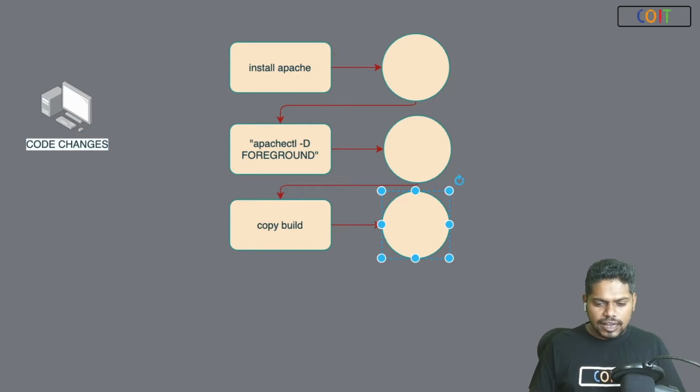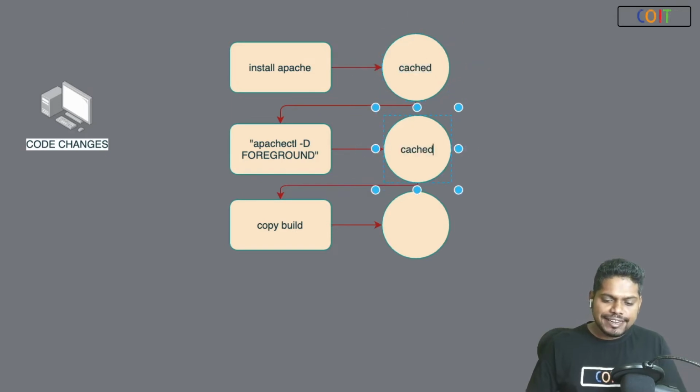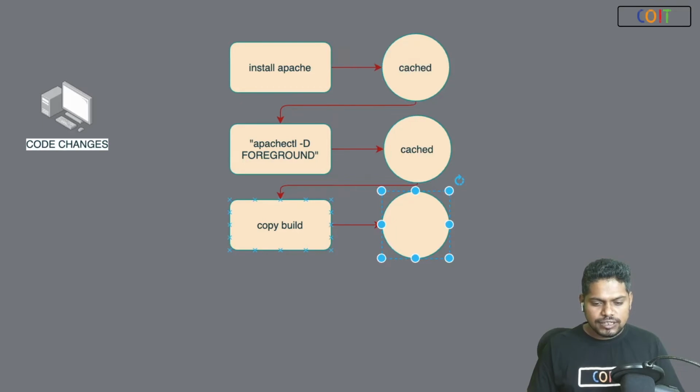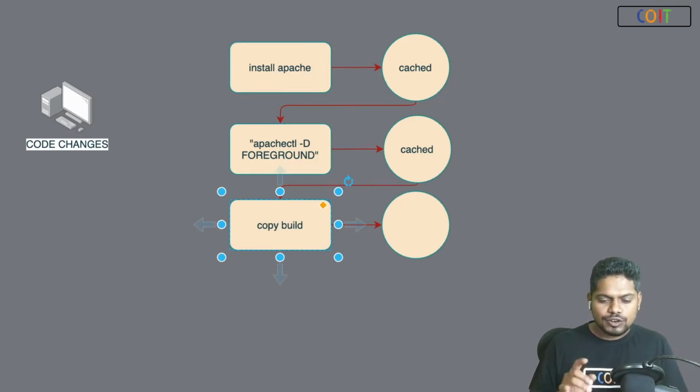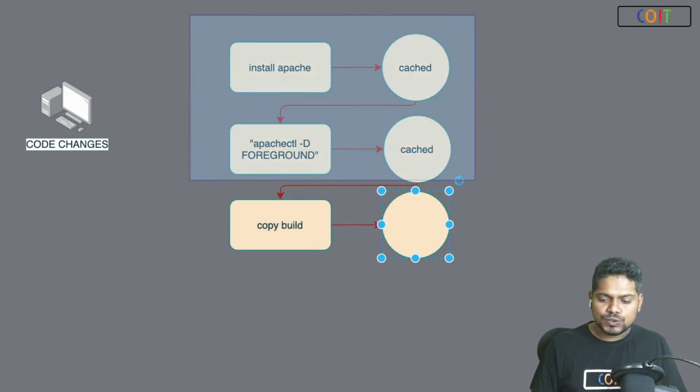And these are cached images, which I will reuse every time I create the final image, because the code change means the build folder changes. There is no change to the Apache installation. There's no change to the startup program. The change is only for this particular step. So this step I want to rerun and this image will change. The other two images I will simply reuse, right?